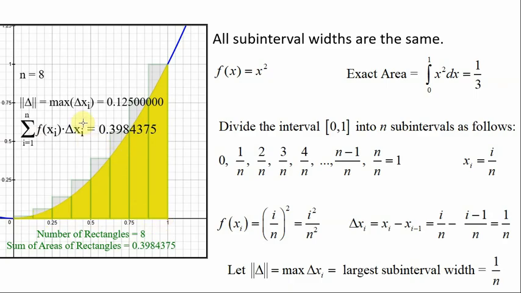And so the largest width will be 0.125, meaning all widths are 0.125, and the sum of the areas of the rectangles is 0.3984.